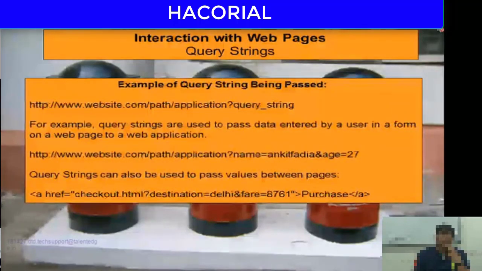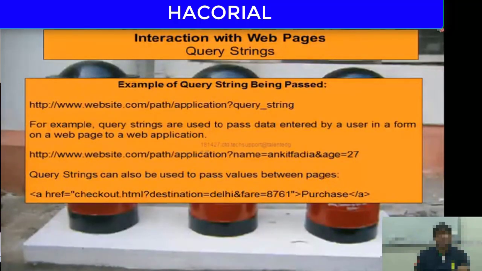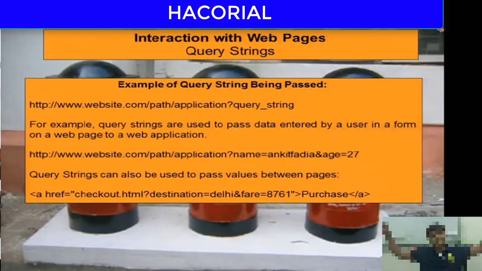Now if you look at this URL, the URL is website.com/path/application?querystring. So for example, query strings are used to pass data entered by a user in an online form to a remote website. So in that case, if I'm filling up a form, say entering my name and age, if you look at the second URL, that's what query strings look like. Query strings can be passed in the URL or they can be passed within the page itself.